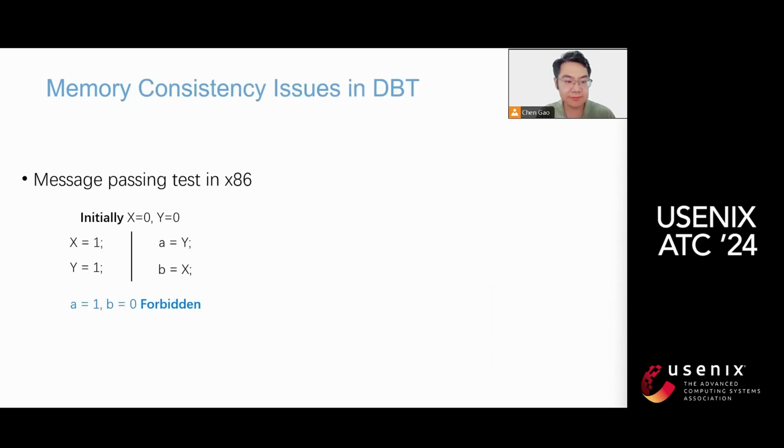Due to the different memory models across ISAs, harmonizing memory consistency from guest to host in a DBT system presents significant challenges. As shown in the message passing test, X and Y are two registers, and A and B are two memory addresses. In x86, after execution, the result where A equals 1 and B equals 0 will not occur.